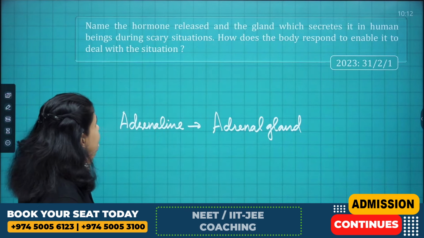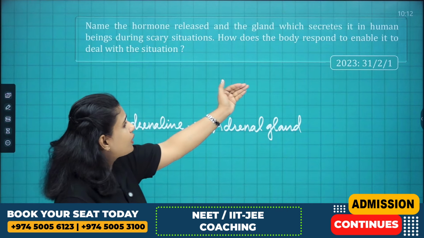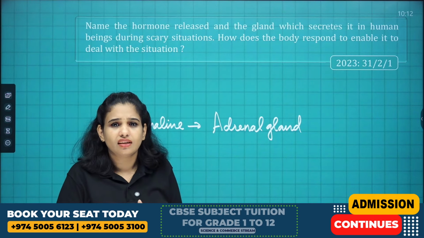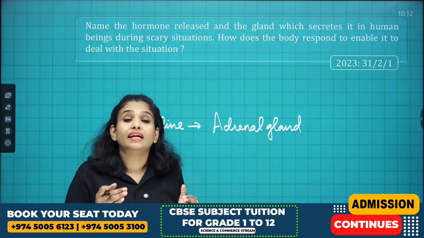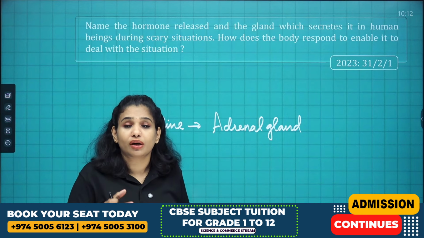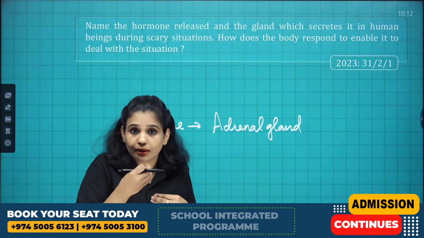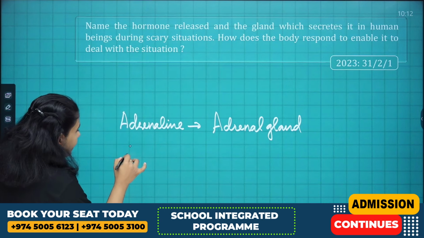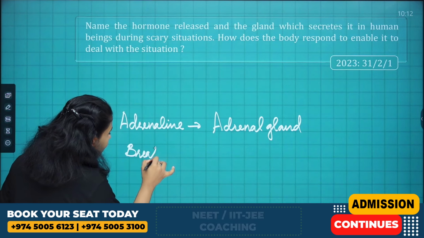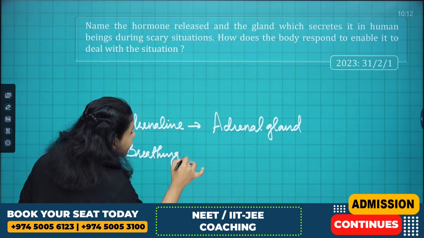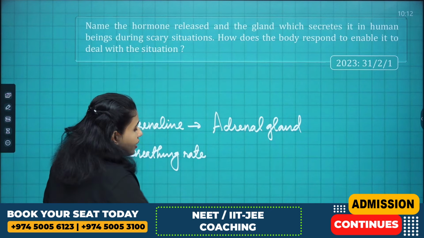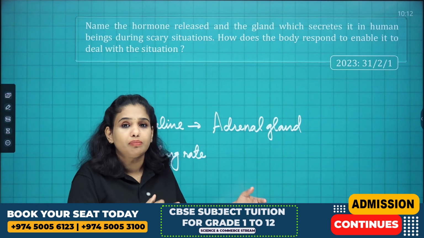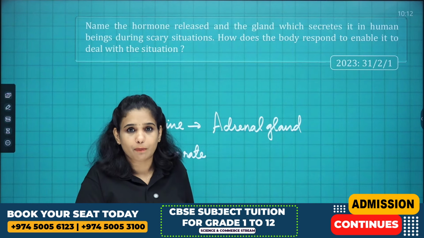The next question is, how does the body respond to enable it to deal with the situation? When adrenaline is secreted and released to the blood, what happens? It increases the breathing rate. When the breathing rate increases, more oxygen will be rushed to our body.